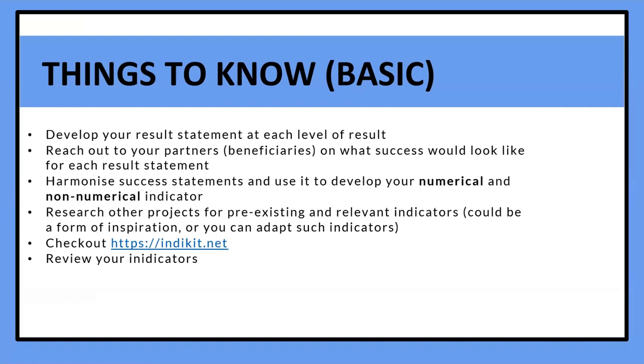I did not start with it because of context. Contexts are different. Places where you carry out your programs and your projects are different. So you want to think about, first of all, getting knowledge, getting sources from your participants or beneficiaries or partners.